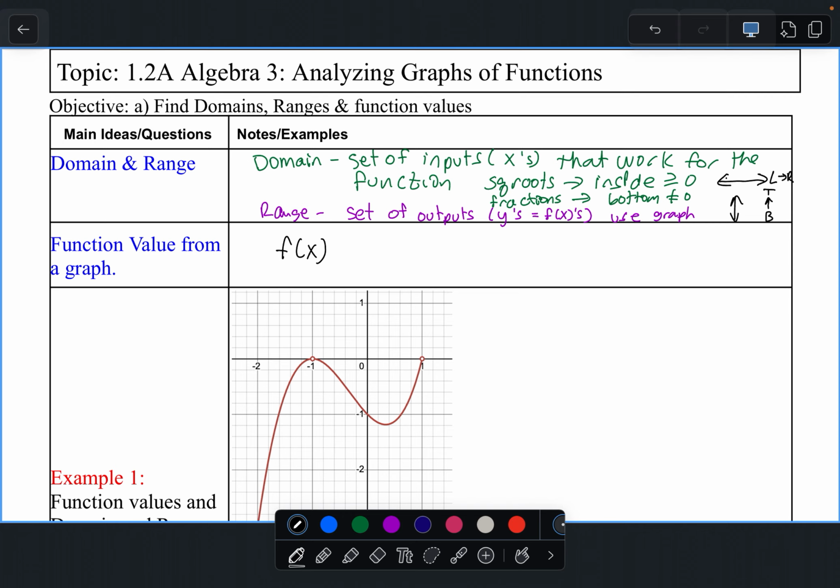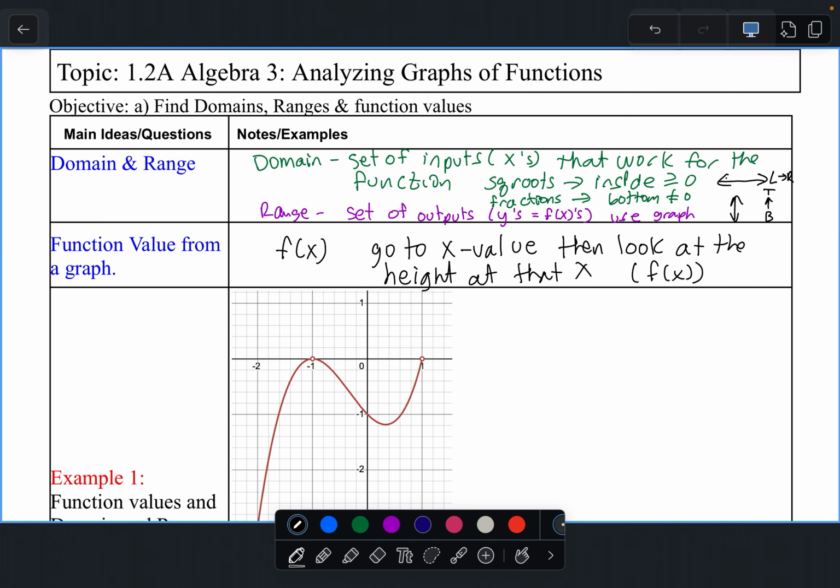So you're going to go to the x, and then you are going to find the height at that point. That would be your f of x. So your x is your left and right. Your f of x is your height at that x.